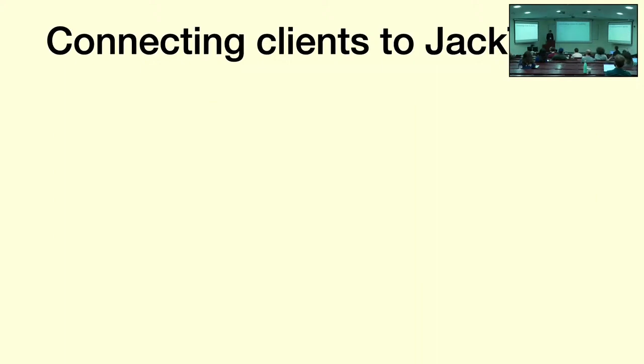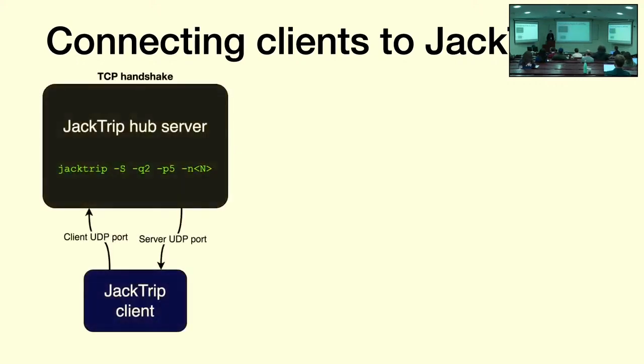One of the attractions of using JackTrip for this was its comparative simplicity as a protocol. To get a client to communicate with JackTrip and start exchanging audio encoded as UDP data, so 8-bit words, you start by sending a handshake over TCP. So the client says, hey there, JackTrip, here's my UDP port.